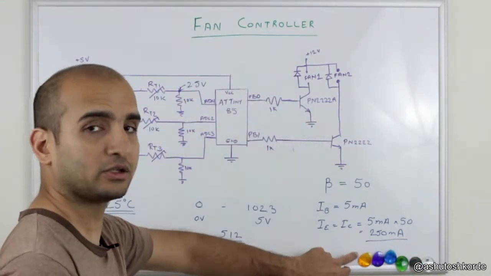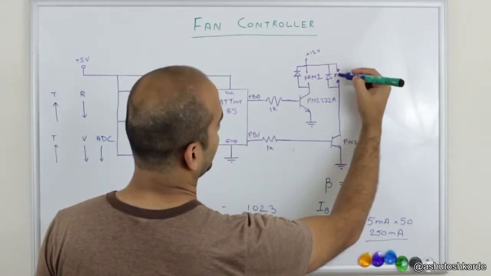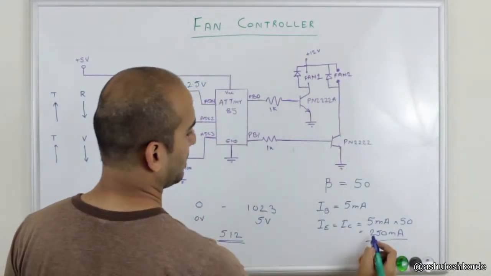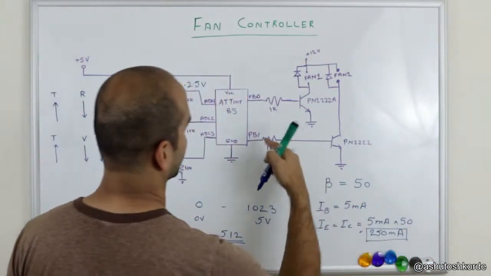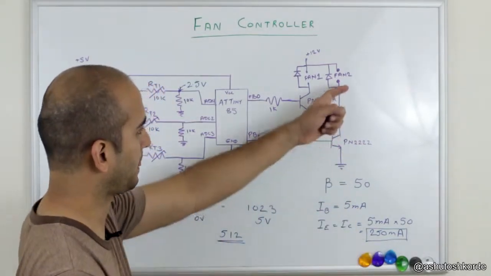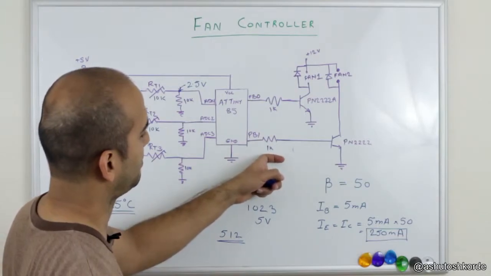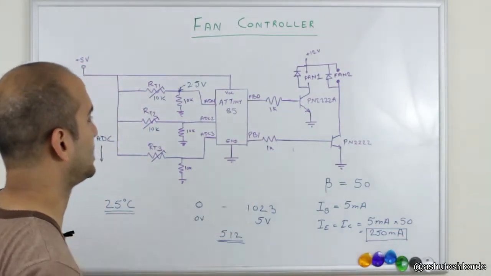So it will be at least 250 milliamps, and it can be higher as well. What that means is, each of these fans can draw 250 milliamps in this configuration. Now if you wanted more current to be drawn, then we could reduce these values and put a lower value resistor here.